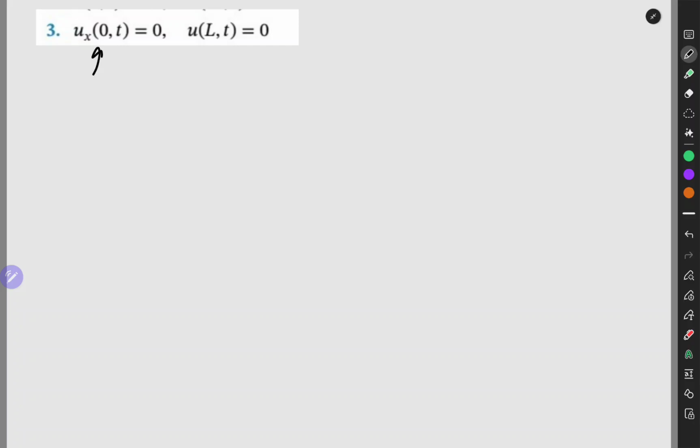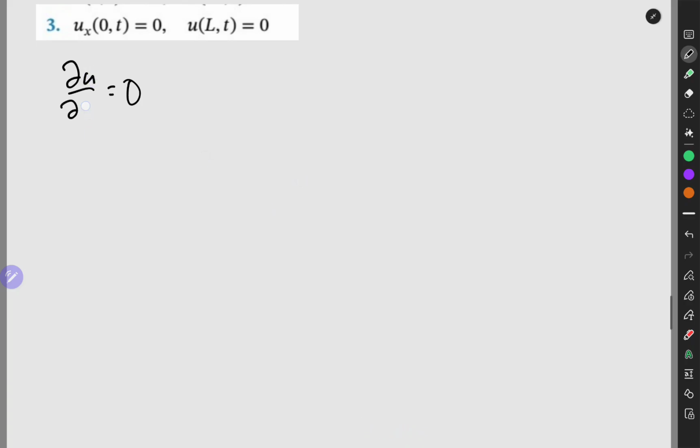Nothing's changing, so it's being held constant. This just says that du dx is 0 at that point.